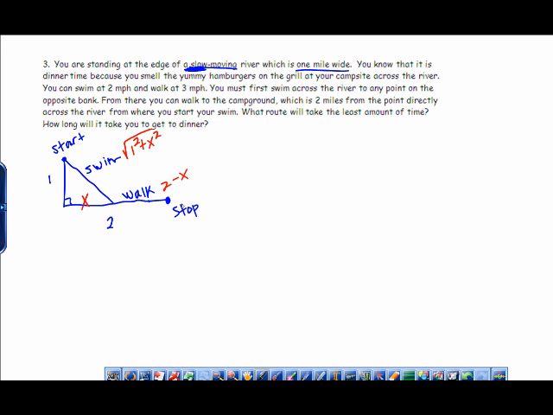All right, now we've got distances, we've got speeds, but what they're really asking us to do is to minimize time, okay? So we're trying to minimize time. Now, if we start with d equals rt, we need to solve this for t. So that's going to be t equals d over r. We really need to split this up into the d over r for our swimming, and we're going to add that to the d over r it takes us to walk.